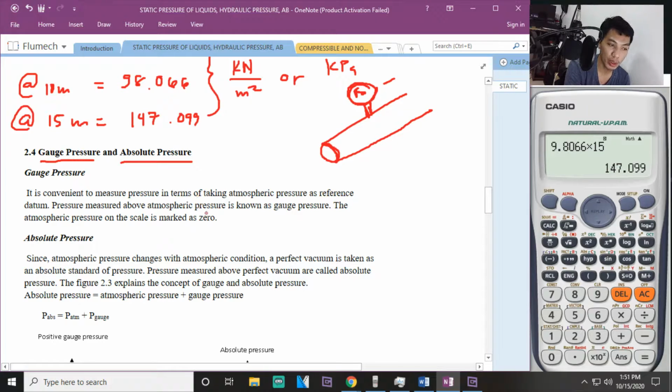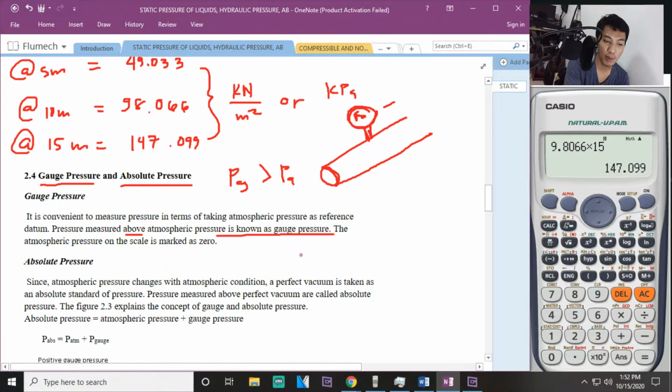And ito yung condition niyan. Pressure measured above atmospheric pressure is known as gauge pressure. Ibig sabihin, PG is greater than your absolute pressure. Okay. Now, how will you make this an absolute pressure? So, absolute pressure is equal to the pressure gauge plus, what?